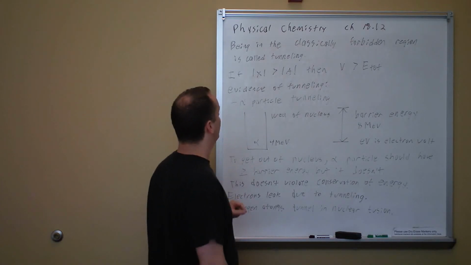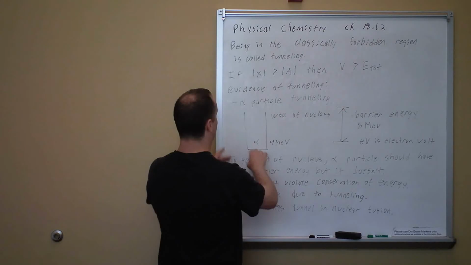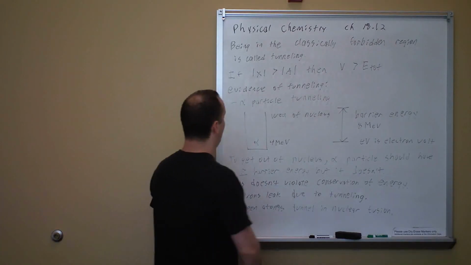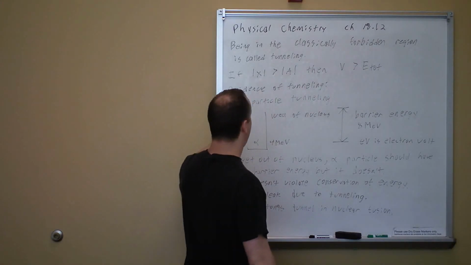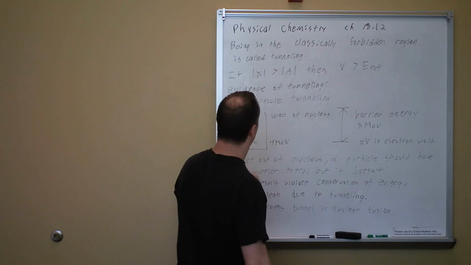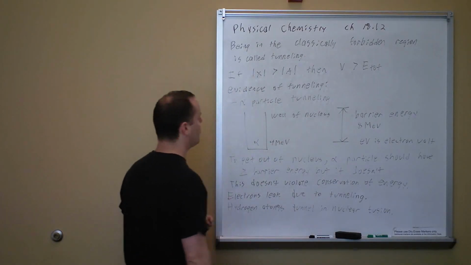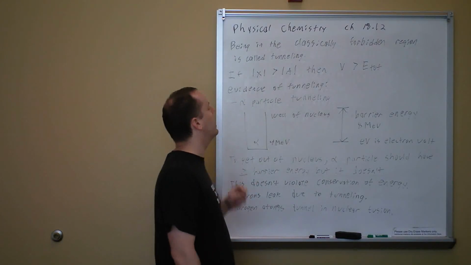One example is alpha particle tunneling, in other words, radioactive decay. We have the nucleus of an atom, and the vertical axis here is energy. To get out of an atom, it takes about 8 million electron volts. But the alpha particle within the atom only has about 4 million electron volts. By classical mechanics, this alpha particle cannot get out of the nucleus.